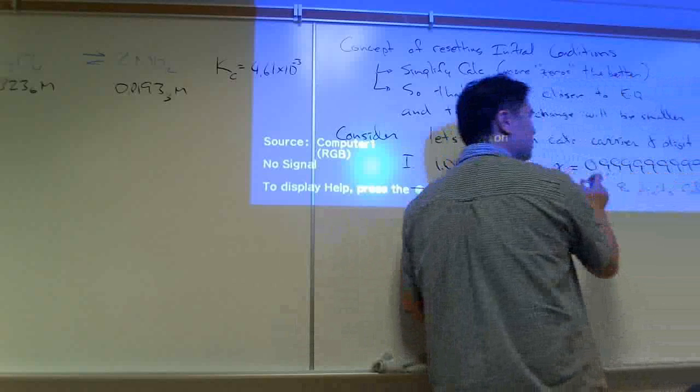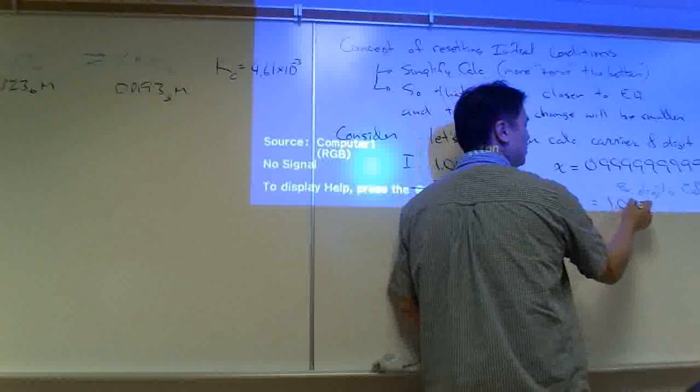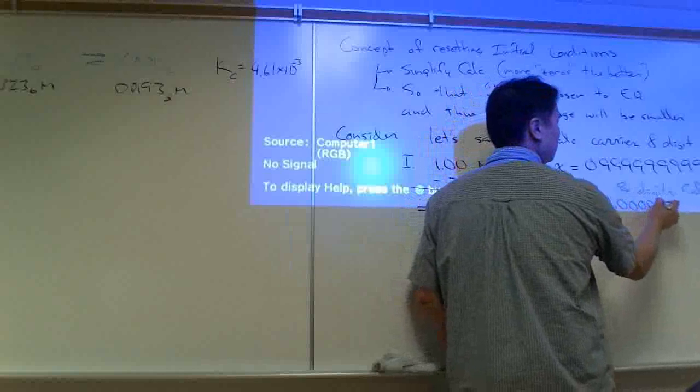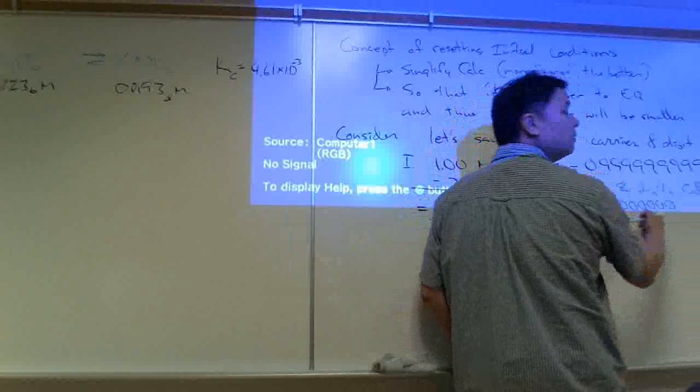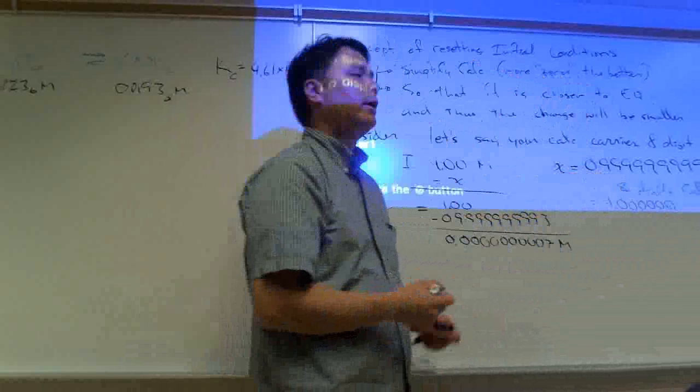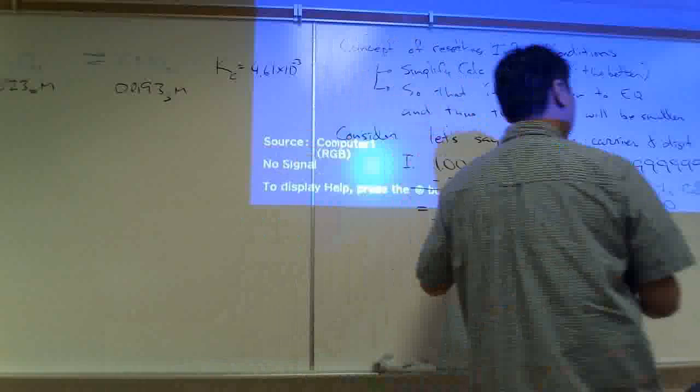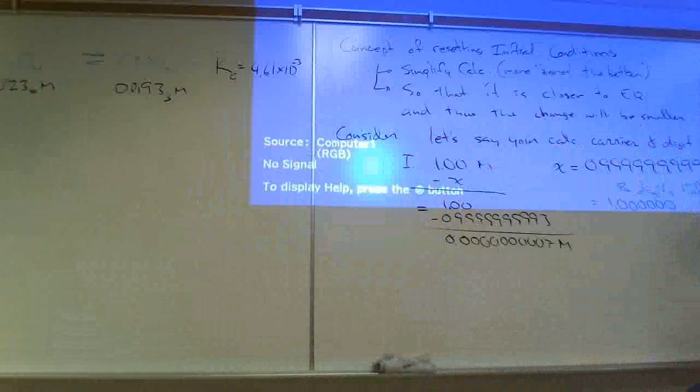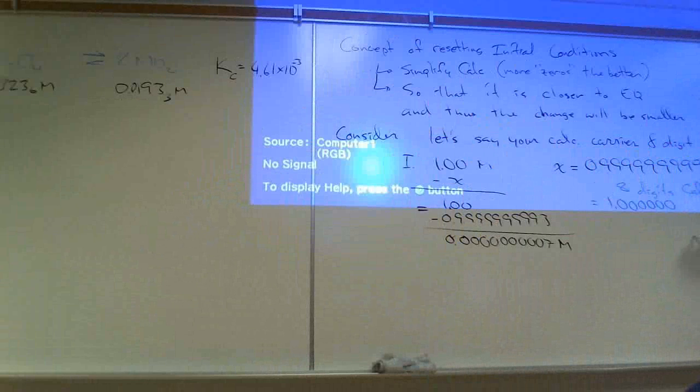And so this is going to be rounded to 1.000000. And now when we do the calculation, 1.00 minus 1.000000, what do we end up with? 0 molar.